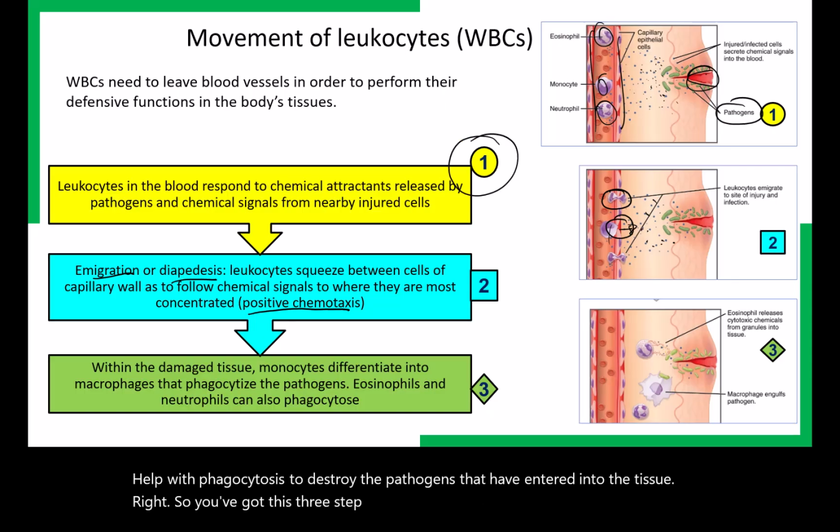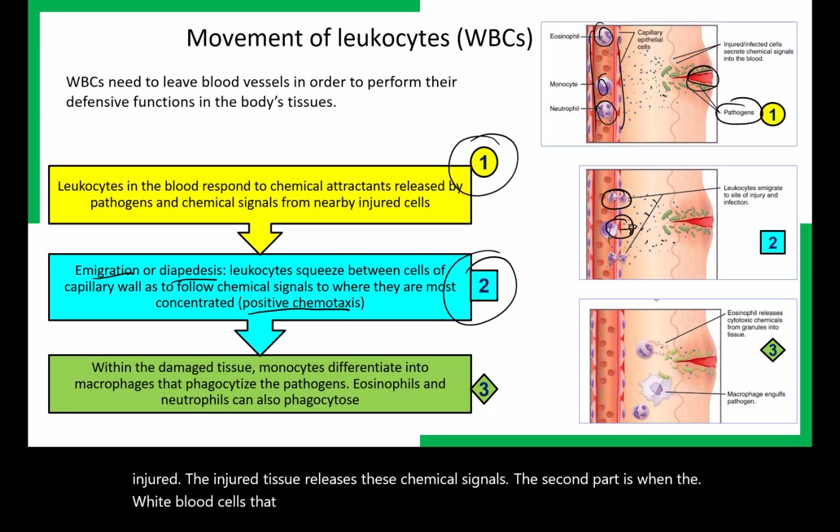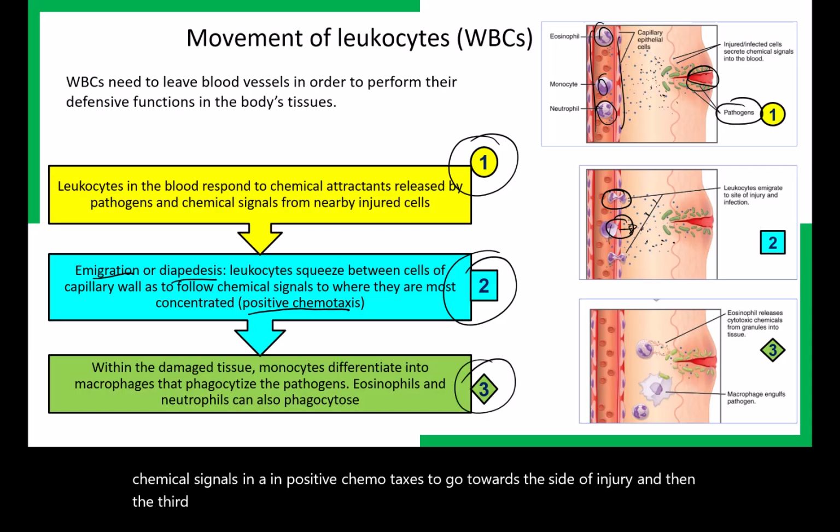One is where the tissue gets injured, and the injured tissue releases these chemical signals. The second part is when the white blood cells that are going through the capillaries nearby are attracted by these chemical signals in positive chemotaxis to go towards the site of injury. And then the third one is where those white blood cells actually do their job to try to destroy the pathogens that are in the injured tissue.